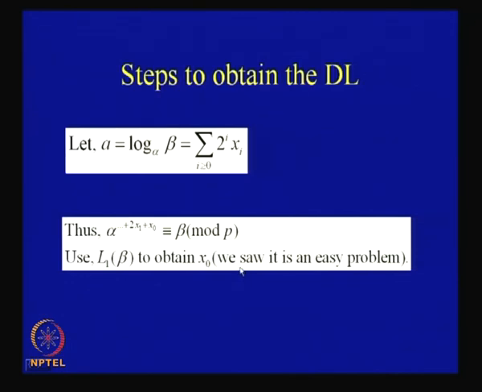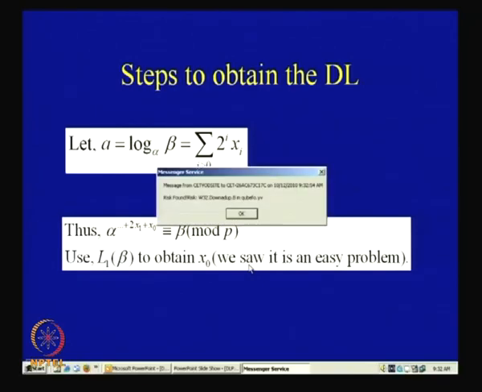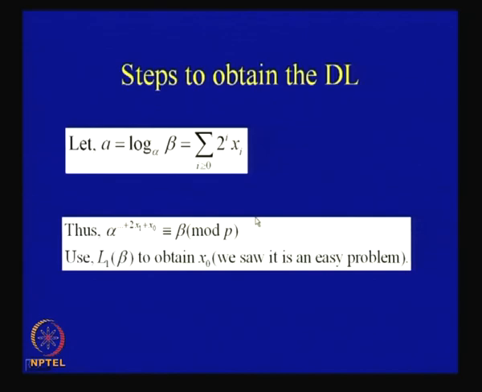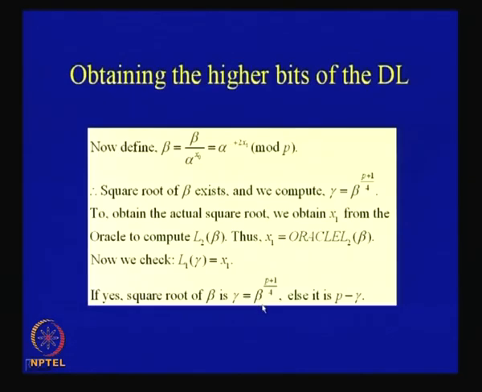Now the question is, as we have discussed, that we will assume that somebody can compute the second bit, that is, can compute the value of L2 beta, and from there try to obtain the value of a. Okay. So, we will adopt a method like this: we will take beta and compute beta divided by alpha power of x0.